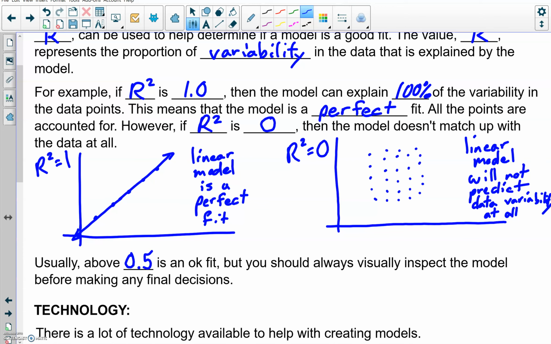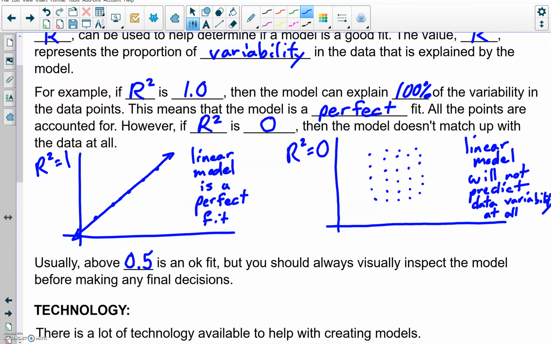Now, as I said, you should always visually inspect it, because sometimes maybe there's a little weird quirk in the data, and really overall it's linear, but there's one little part that makes it seem like, oh yeah, this thing's actually exponential, and you start plugging them in. Maybe the r squared for the small amount of data that you have is actually going to tell you, oh, you should be using exponential.